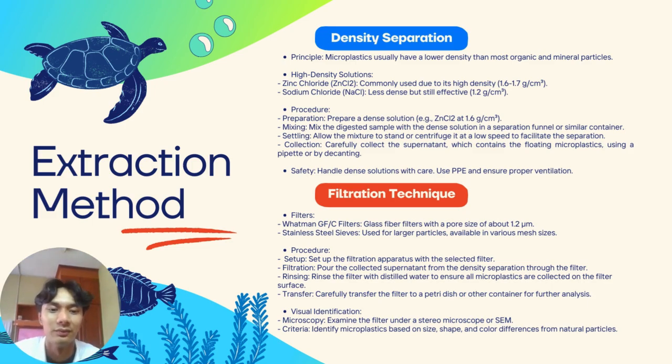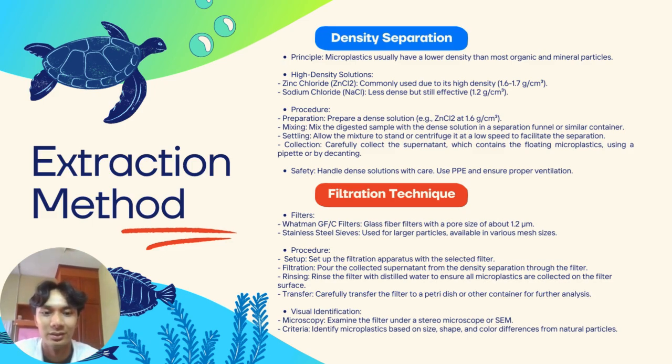Next one, for the filtration technique, there are two types of filter that we can use. The first one is the Whatman filter for the smaller particles, and the other one is the stainless steel sieve for the larger particles. For the procedure, first we need to do the setup by setting up the filtration apparatus with the selected filter, either Whatman or the stainless steel sieve, and then we can do the filtration by pouring the collected supernatant from the density separation through the filter.